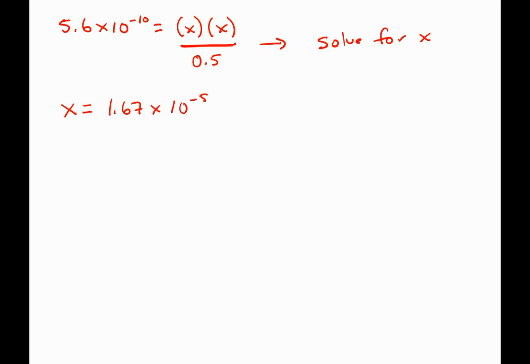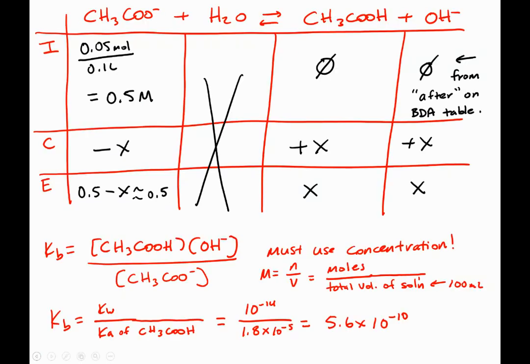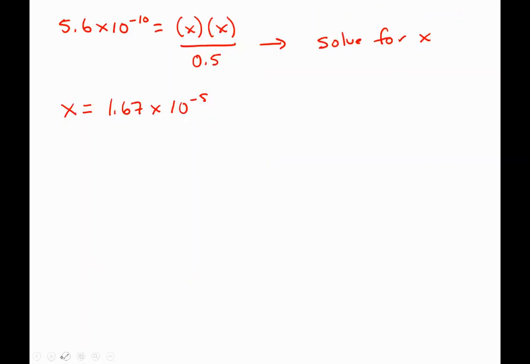Then, whenever you find the value of x in a problem like this, you must always think about what that value represents. So go back to the ICE table and look and see what x means. The ICE table is telling us that the value of x represents the concentration of hydroxide ion at equilibrium. So what we've found is the concentration of hydroxide ion.